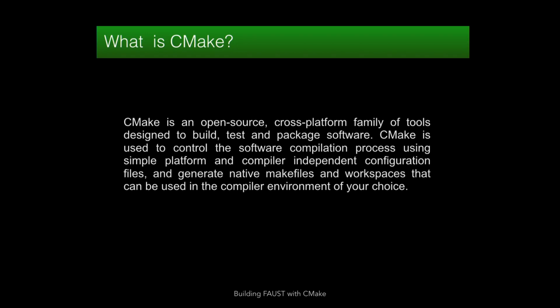Cmake is used to control the software compilation process using simple platform and compiler independent configuration files, and generate native Make files and workspaces that can be used in the compiler environment of your choice. That's what you can read on the Cmake web page, located at cmake.org.